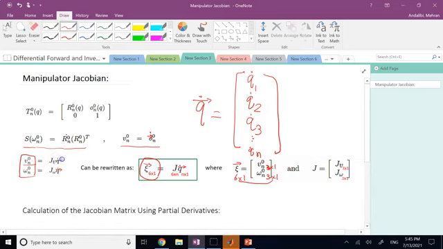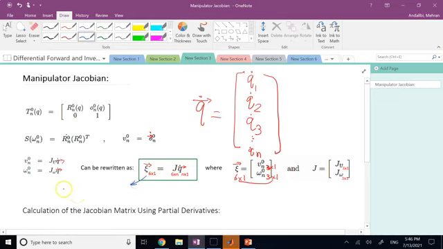So what you can do is write those two relations as one single relation and say that J, the vector of end effector velocities, is equal to this matrix J times the vector of joint velocities, right? So let me again write it for you.